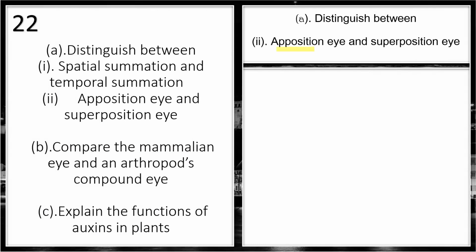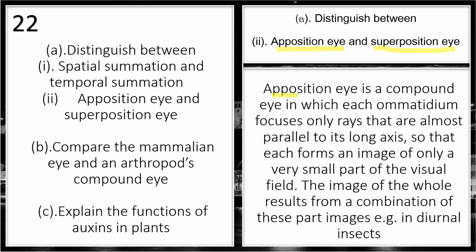Distinguish between apposition eye and superposition eye. Apposition eye is a compound eye in which each ommatidium focuses only rays that are almost parallel to its long axis, so that each forms an image of only a very small part of the visual field.